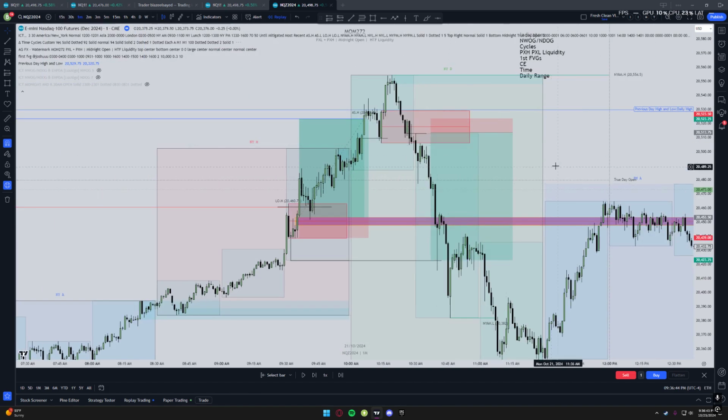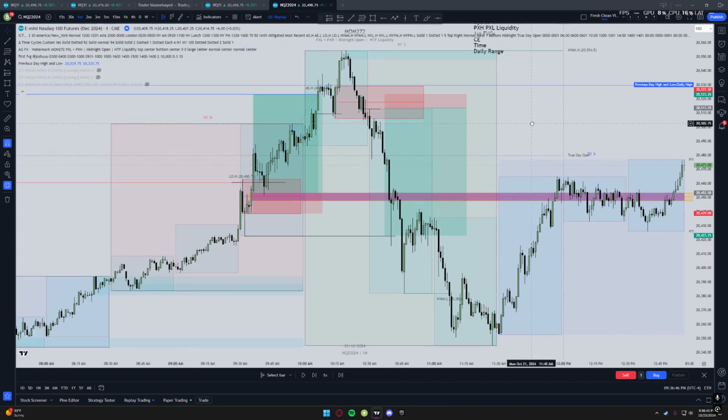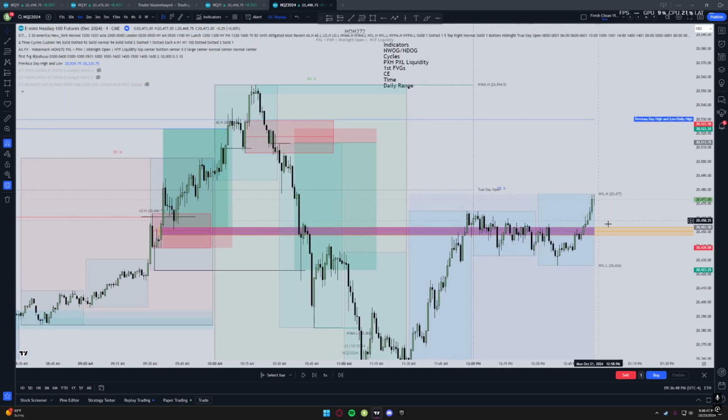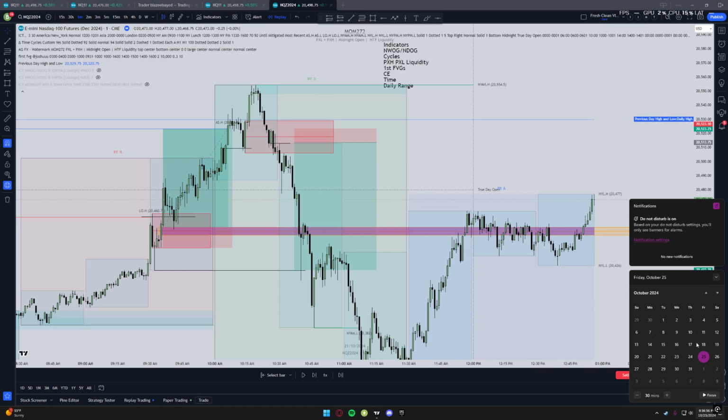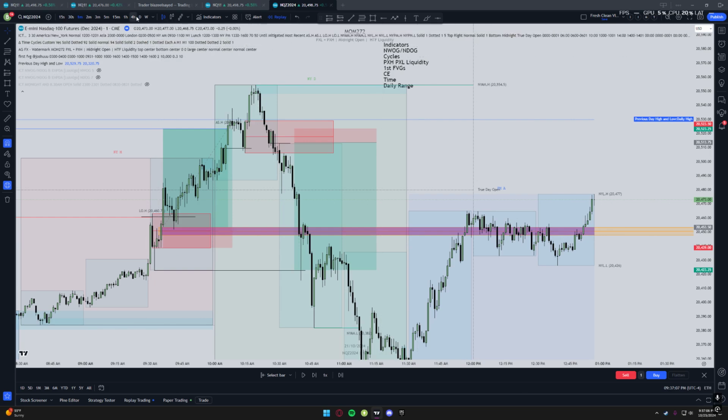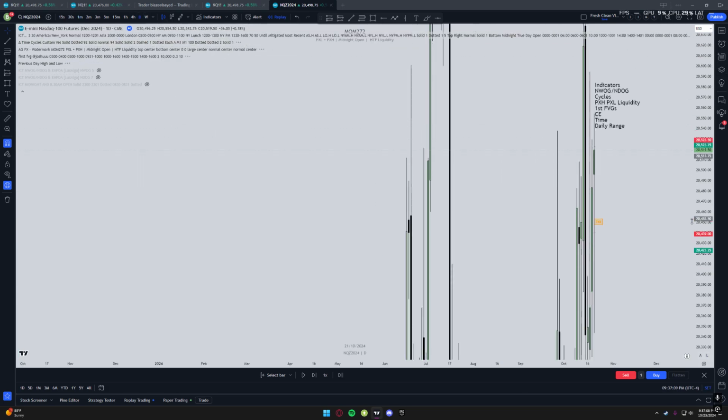So we come back here. And you also should be looking at the first fair value gap of the month. So you want to go back to October 1st, and you want to find that first fair value gap after the 9:30 open and draw it out over the whole month. Now, we have moved higher quite a bit.